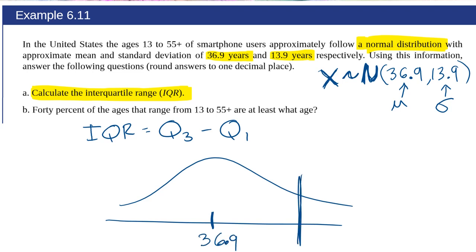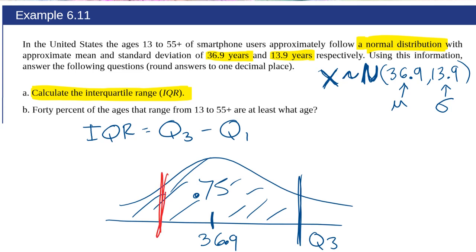The third quartile is where 75% of possible x values are less than it. And the first quartile is where only 25% of possible x values are less than the first quartile. I can use Excel to find both quartiles, and then I just need to subtract them to figure out what the interquartile range is.